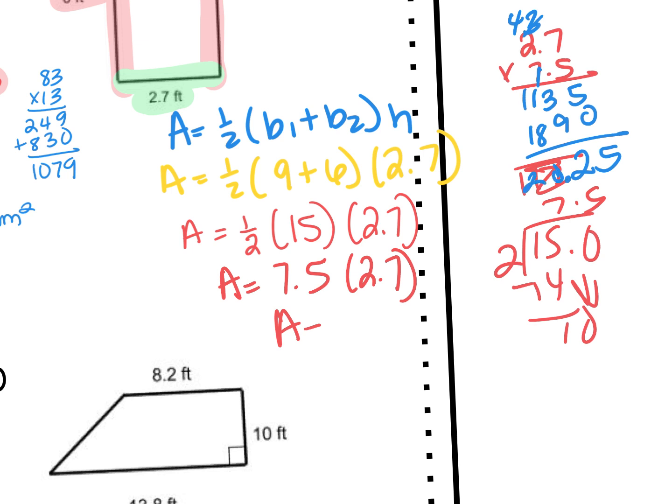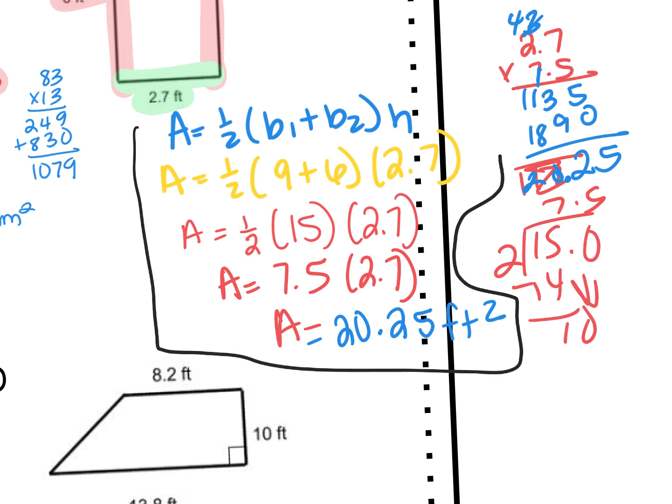My 2 decimals. Let's see. Okay, I have checked over my work. My area is 20.25 centimeters. Nope, that's not centimeters, it's feet squared. Feet squared. I know it looks a little all colorful, but look at my work. It's nice and pretty and organized.